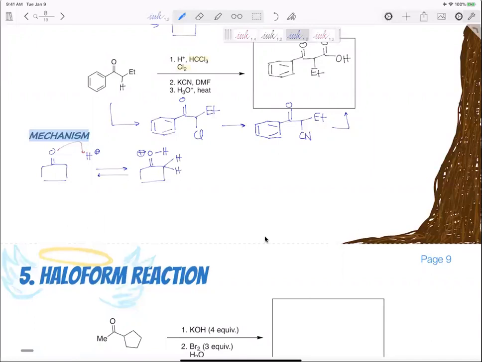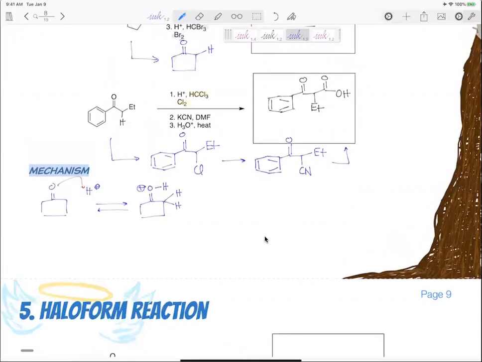Now remember, even though we don't show it there, it's already implied that a halogen exists as a diatomic molecule, and it can break apart. It can dissociate under various solvents. If we put it in its corresponding acid solvent, then it would dissolve and just break apart. So that's why we can just show, for example, bromine coming in to grab that proton. And because this is an acidic condition, it will be reversible.